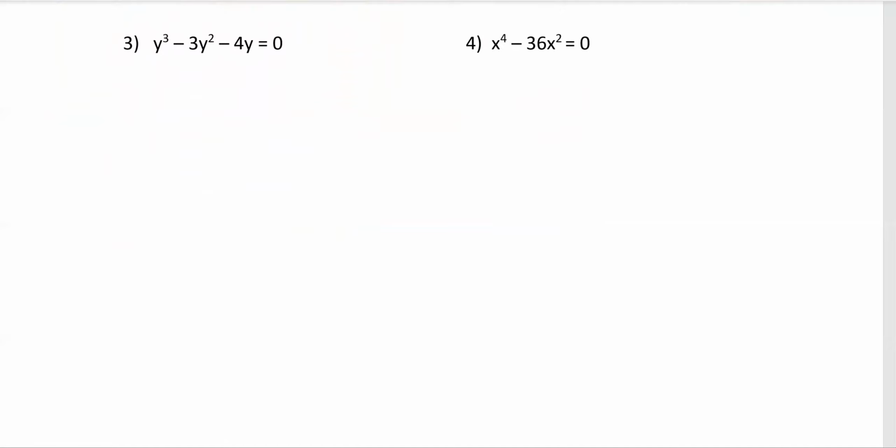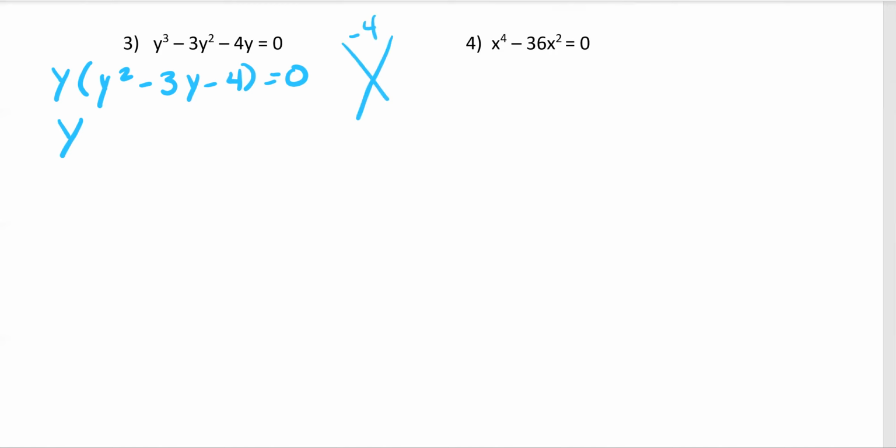All right, number 3. There's a greatest common factor. We need the factors of negative 4 that add to negative 3. Negative 4 and 1 multiply to give you negative 4.